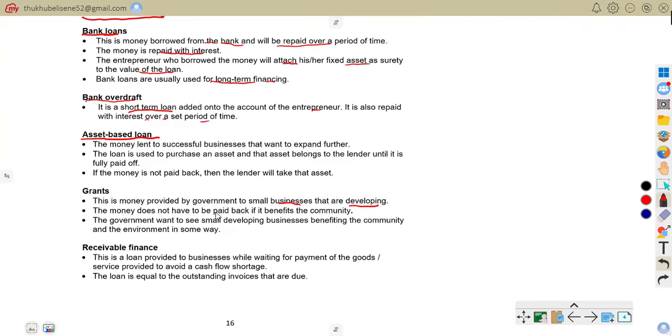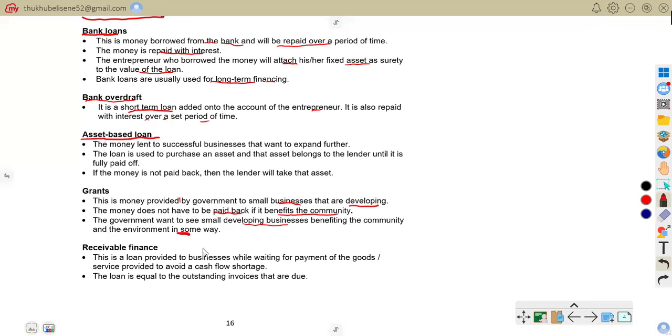The money does not have to be paid back if it benefits the community. So the government wants to see small developing businesses benefiting the community and the environment in some way.